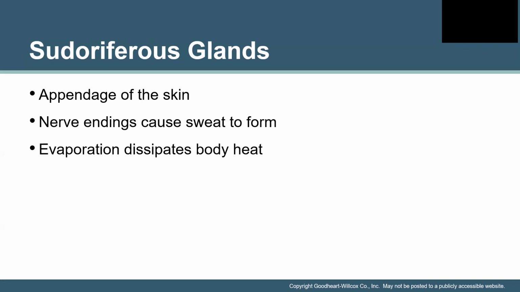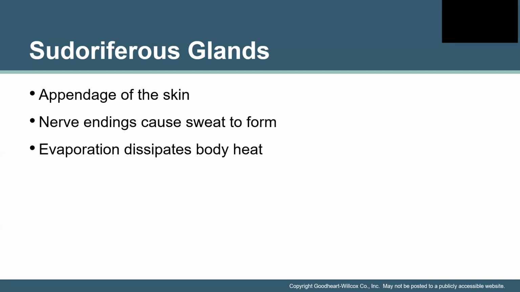Sweat glands are distributed in the dermis over the entire body, with larger concentrations in the axilla, which is your armpit, on the palms of the hands and soles of the feet, and also on the forehead. Each person has approximately 2 to 3 million sweat glands.